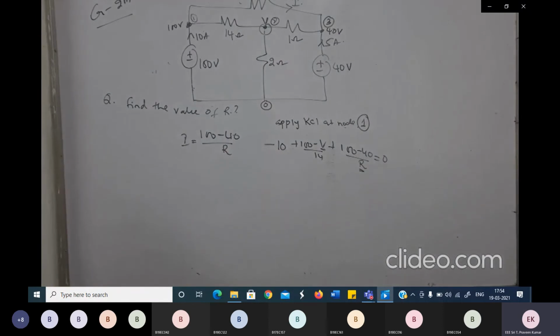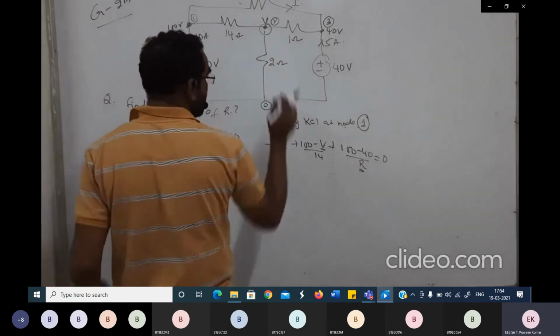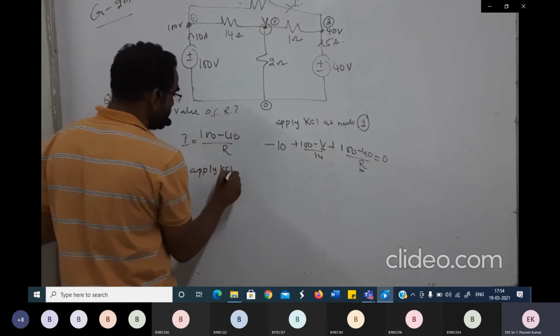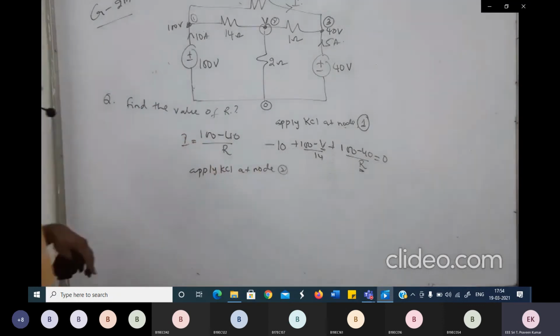Two unknown parameters are there in the equation. So if you write your equation at the other node, apply KCL at node 2.